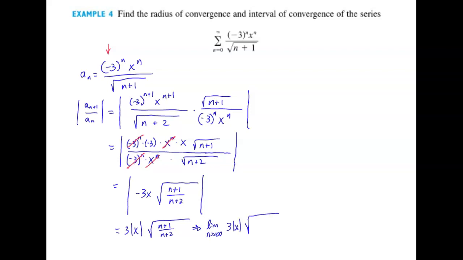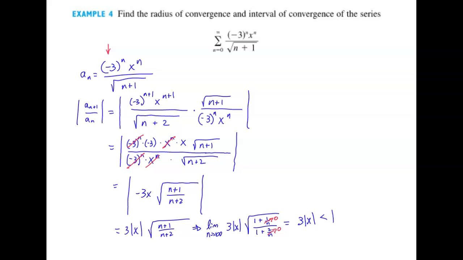This is going to become root 1 plus 1 over n over 1 plus 2 over n. So I just divided numerator and denominator by n. So the square root just becomes 1 because these both go to 0. So we have root 1 over root 1, which is just 1. And so this all evaluates just to 3 times the absolute value of x, which for this to converge, we need that ratio to come out to, once again, less than 1, right?